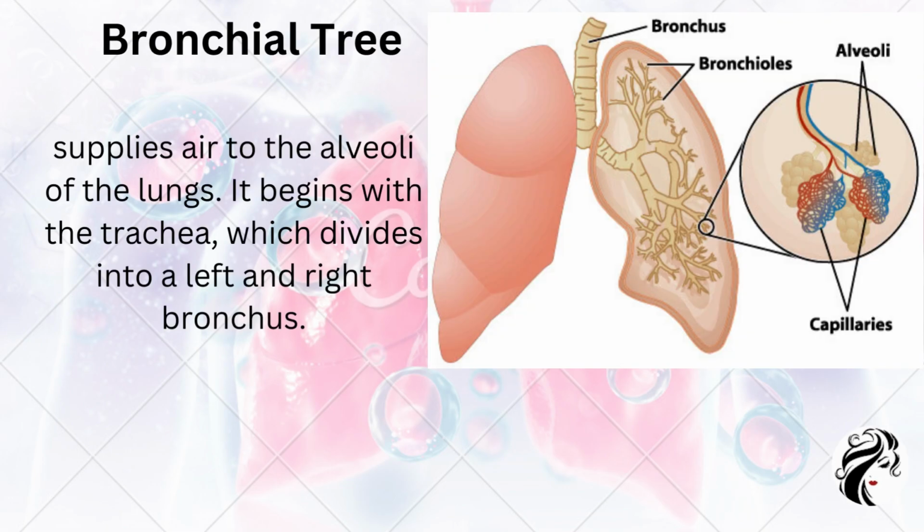As we discussed, we have a bronchial tree, which supplies air to the alveoli of the lung. It begins with the trachea. The trachea divides into the right and left bronchus. Then the bronchi divide into bronchioles. This branch-like structure is what we call the bronchial tree. Then the bronchioles form alveoli, and within the alveoli the gaseous exchange occurs because of the presence of capillaries.